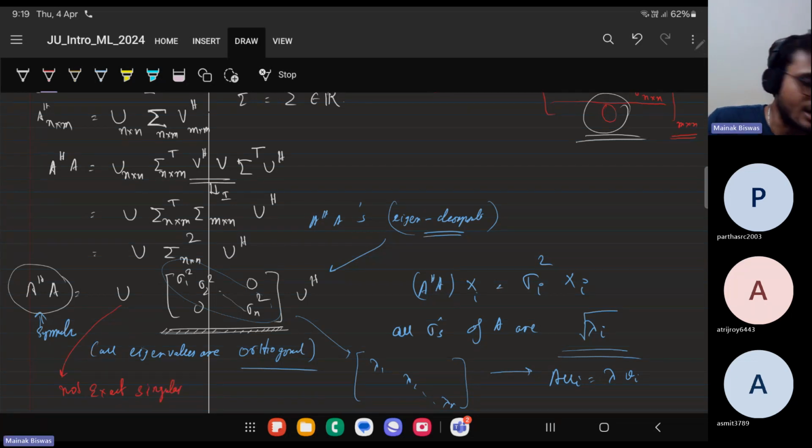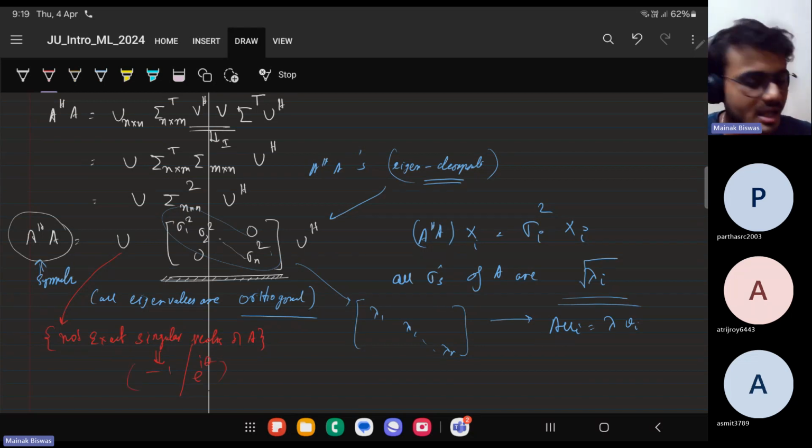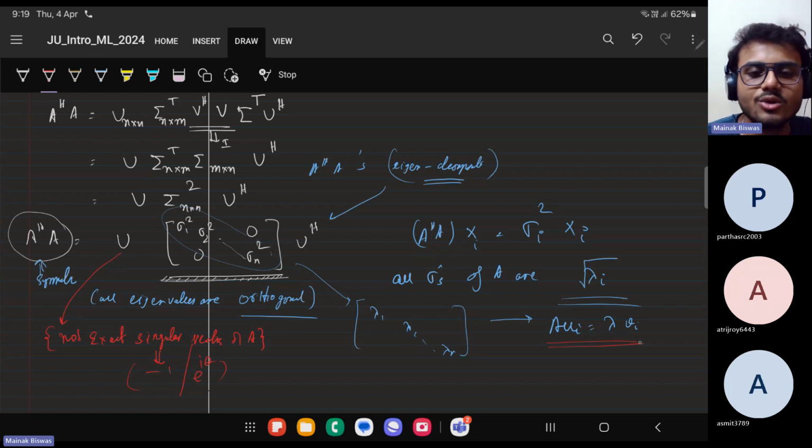They are eigenvectors of A Hermitian A, but they are not exact singular vectors of A, because negative signs or e to the power i theta factors can be there, and you have to again solve A v_i equal to sigma u_i to get it. But if you do it just once, you will understand. Take any 2 by 2 matrix and try to find a singular value decomposition. There's nothing much in it.